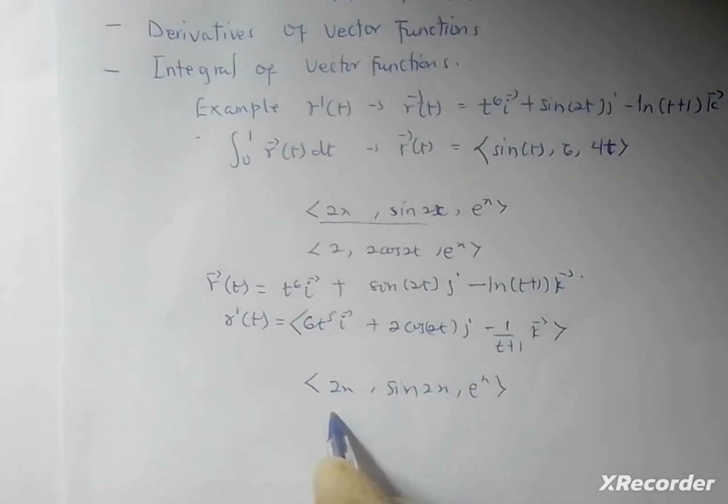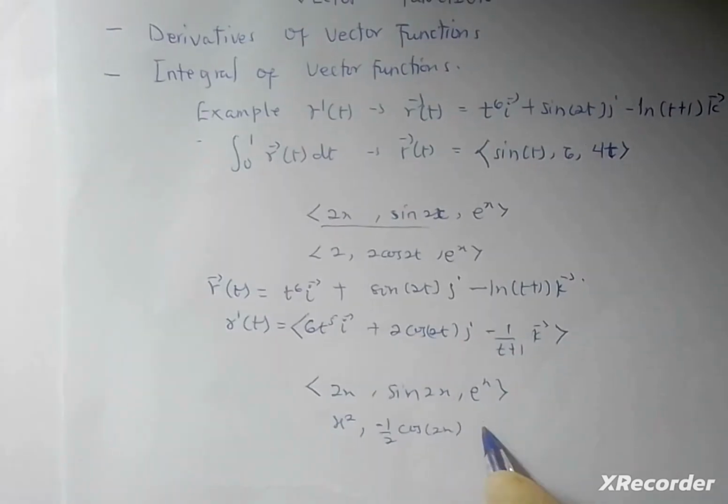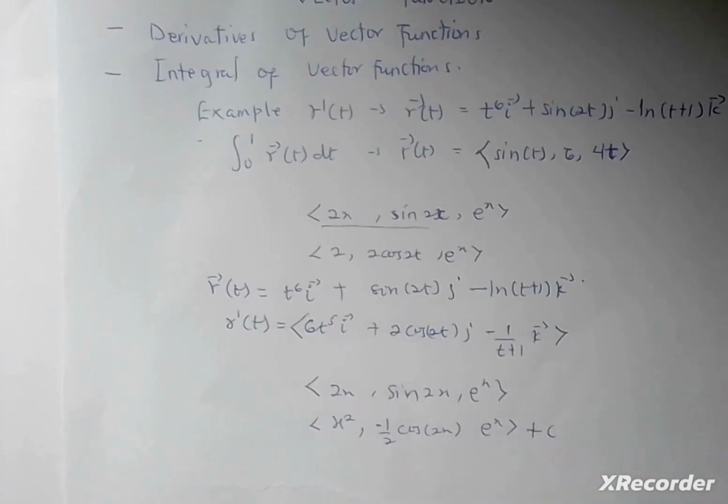This will give me x squared, comma, negative 1 over 2 cos 2x, then e to the power x, and that is exactly my integral. It can be definite or indefinite. For the indefinite, you add plus c to it. For the definite, you make sure that you apply the endpoints to each component.